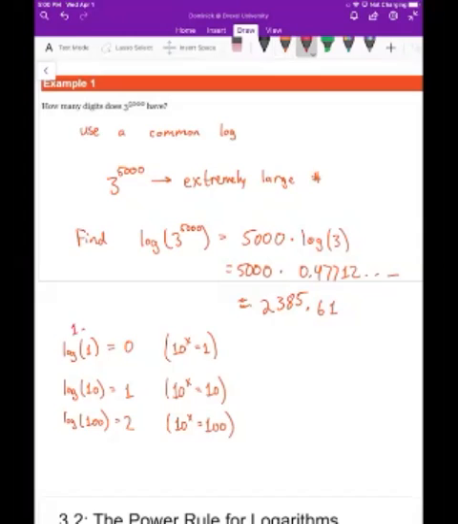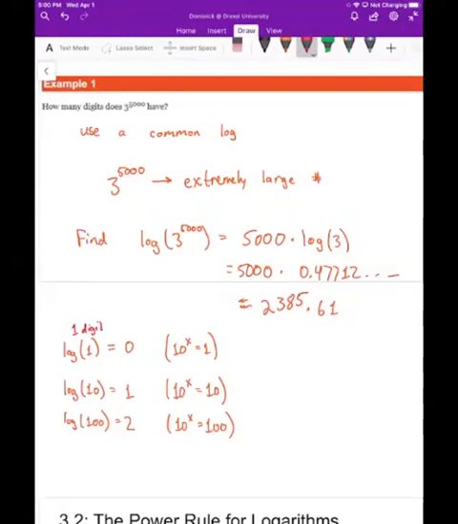This has 1 digit, and my value is 0. This has 2 digits, my value is 1. This has 3 digits, and my value is 2.